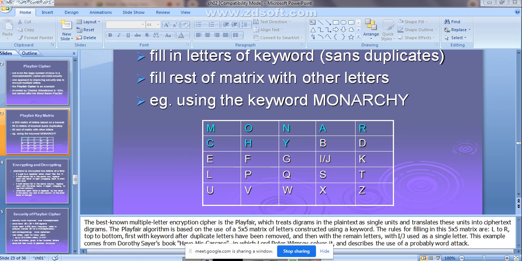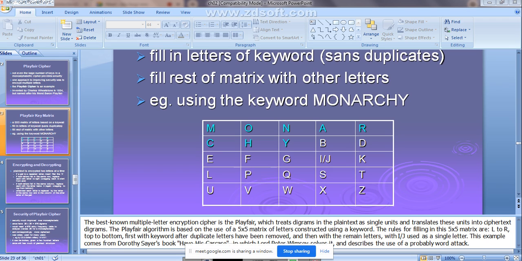Now I will come to the plain text. If you want to convert the plain text into cipher text using this 5 by 5 matrix, once you have constructed it, the plain text will be encrypted two letters at a time, because it is a multi-letter encryption technique.